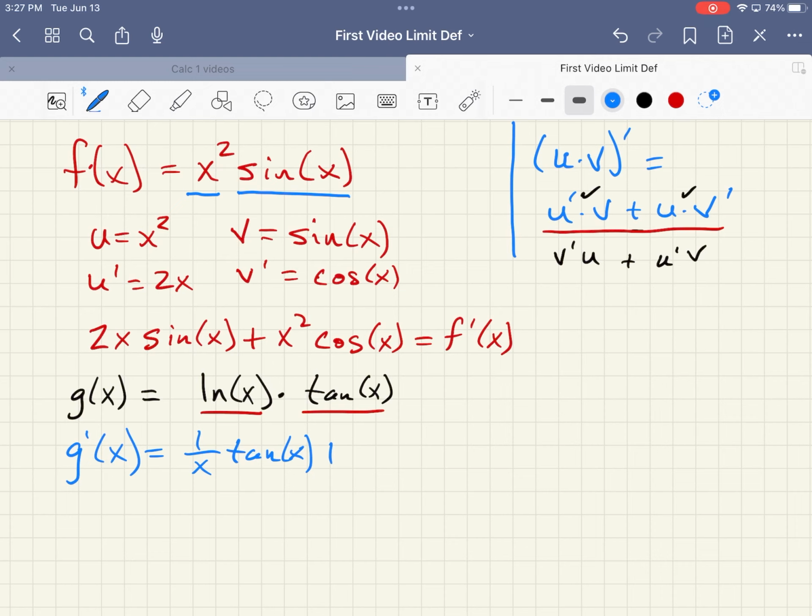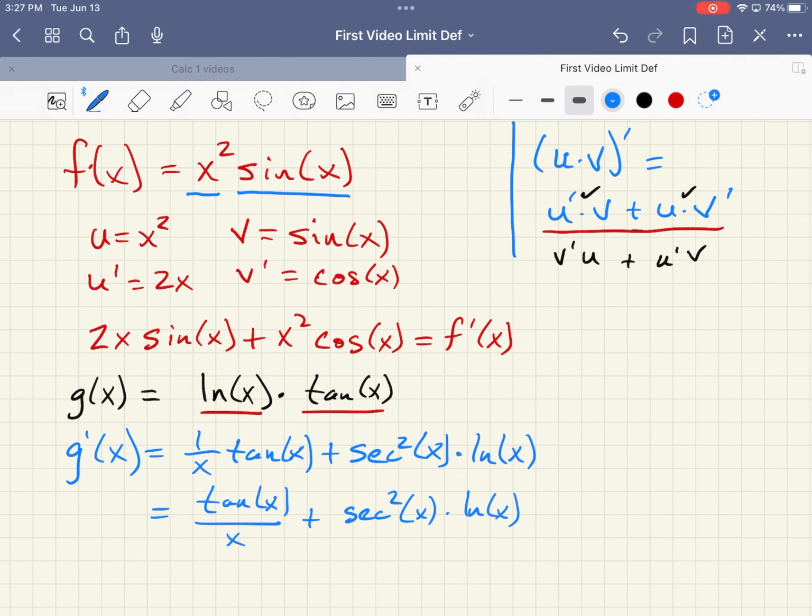Plus, now I take the derivative of the second, which is secant squared of x times the first. Now, you don't have to do this, although sometimes it might be helpful to write this as tan x over x plus secant squared of x times the natural log of x. And that would be the derivative there.